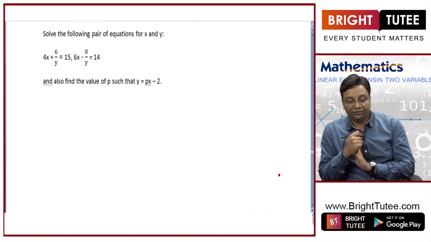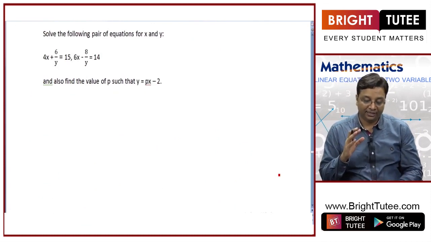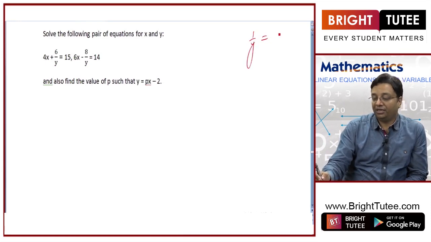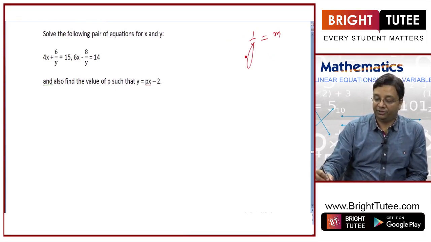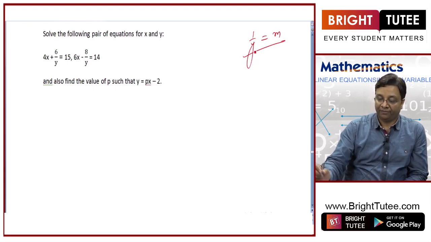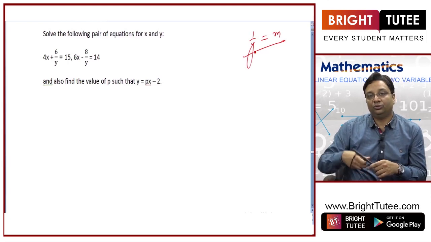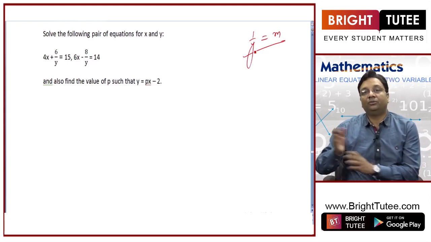Okay. Solve the following pair of equations for x and y. Again, what you can do is you can replace 1 by y by a new variable, let us say m. Otherwise, you can do this question directly also without making this replacement. Okay. So let me make this replacement, and I want you guys to do this question without making this replacement.